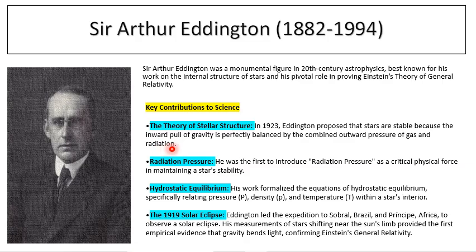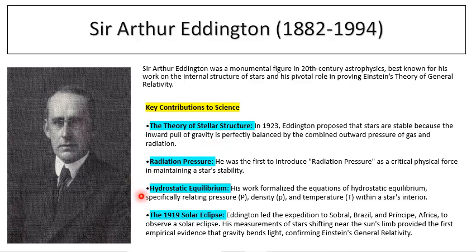It was a very revolutionary insight into how the stars function. Eddington gave a new insight and told us about radiation pressure. He introduced it as a critical physical force in maintaining a star's stability, and it is directly related to his theory of stellar structure.